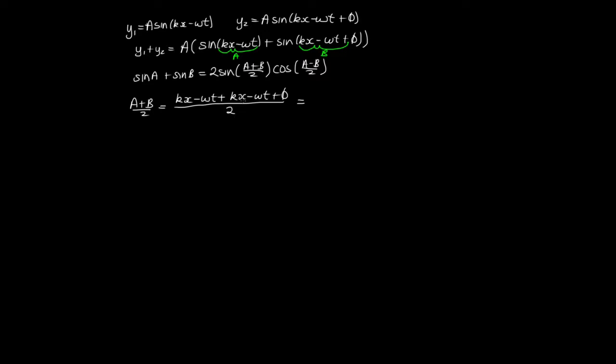And we're dividing all that by 2, and then we've got to divide the φ by 2 as well. So that gives us kx - ωt + φ/2. And (A - B)/2 is equal to (kx - ωt - (kx - ωt + φ))/2. So this kx and this kx will cancel out.